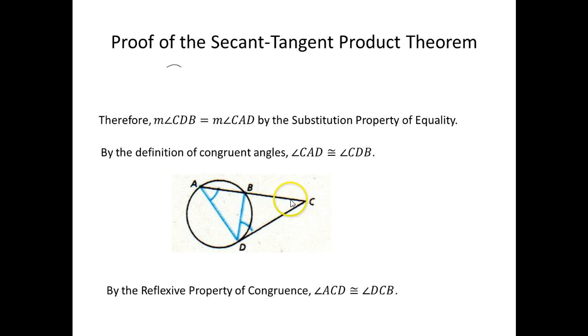Take a look at the big triangle CAD and the small triangle CBD. They both have one congruent angle, and they also share a common angle, angle C. So by the reflexive property of congruence, angle ACD is congruent to angle DCB from the smaller triangle.